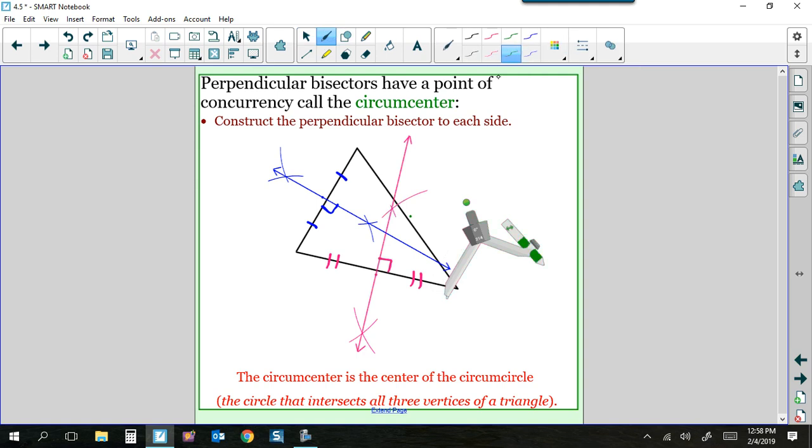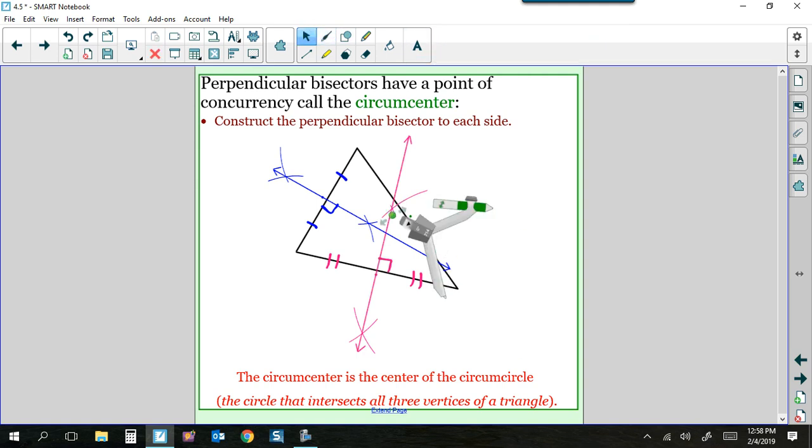Now we're going to do our last side. So we have this side over here on the right side that we need to do still. So I'm going to take my compass. This is the longest side, so I'm going to open it even further. I'm going to swing my compass around and draw an arc up here and down here. And then I'm going to repeat that process from the other endpoint.